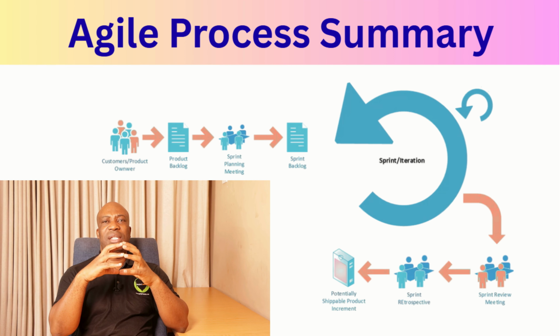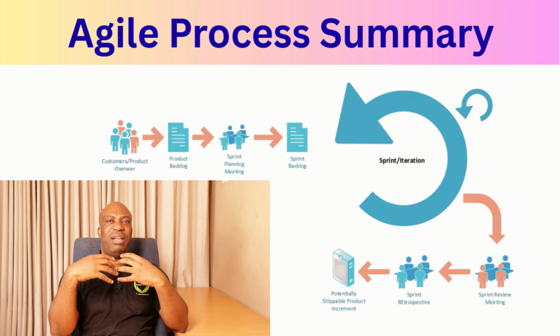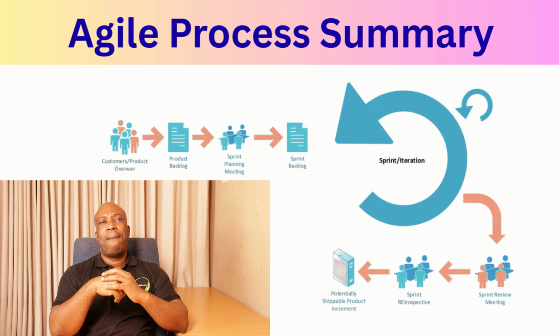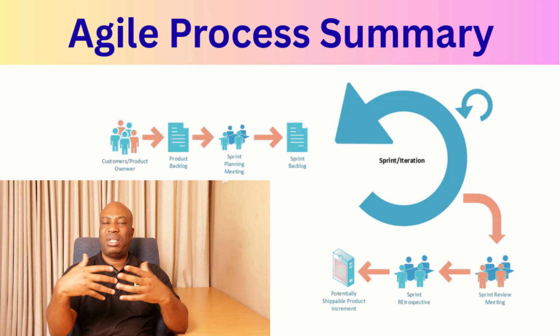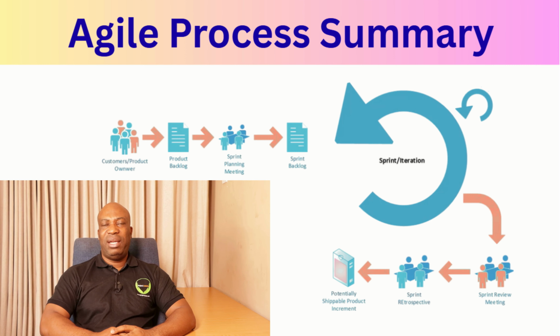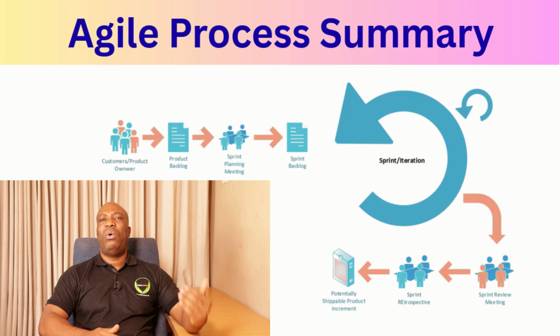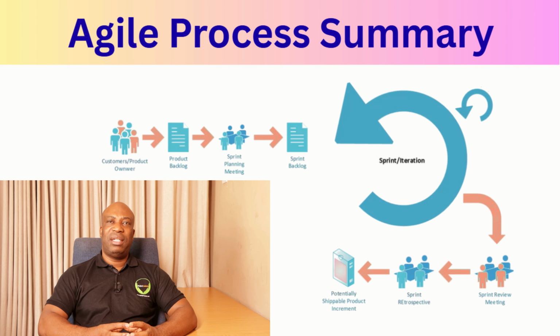So during the sprint review meeting, the development team is going to demonstrate what features were actually added or incremented into the product, and then they get customer feedback. Once that feedback is received, they note down whether they have to make some changes or it has been accepted by the customer.